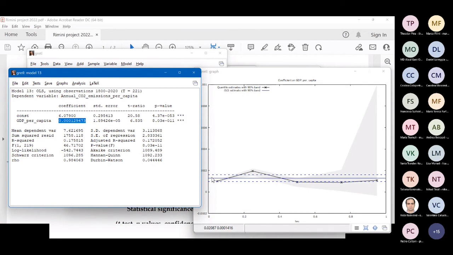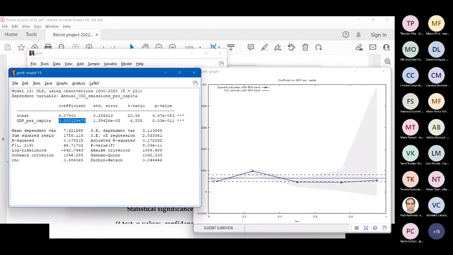So the blue line says whatever CO2 emissions is, the response to GDP per capita is just one number. Which number is that? This blue line. Quantile regression says no, the response of CO2 emissions to changes in GDP is a function of whether CO2 emissions are relatively high or relatively low.